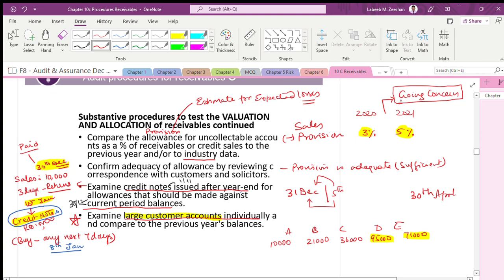Allowances are increasing, provisions are increasing, it is not a good sign. Uncollectible amount is increasing, it's not a good sign. Last year the uncollectible amount was 3%. It should decrease, instead of increasing. Is it okay? Yes, clear. Fine.